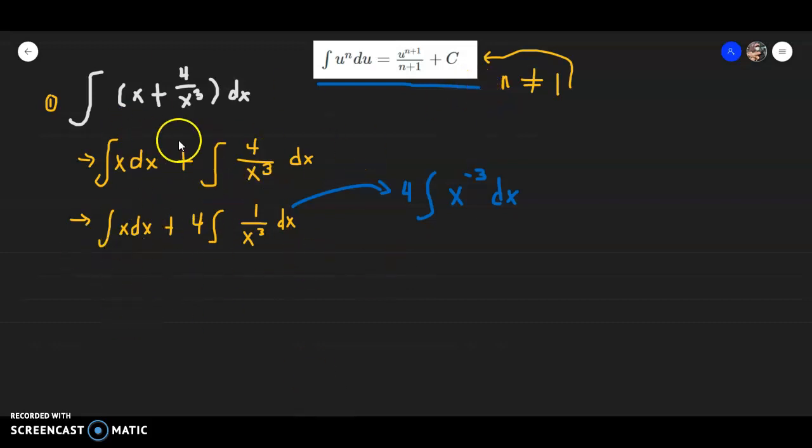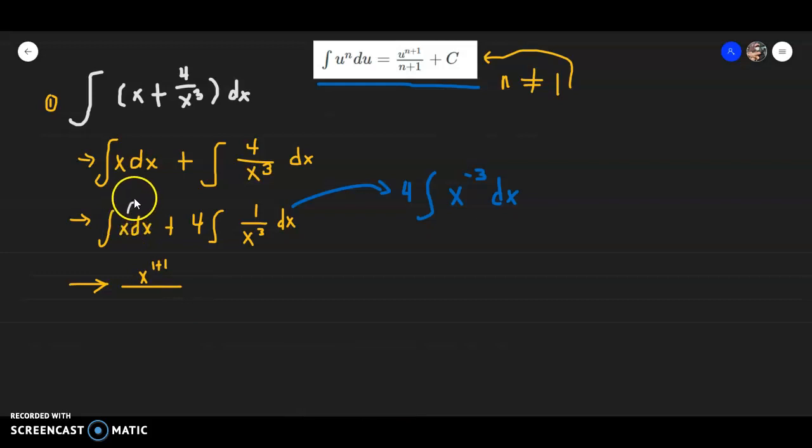So i-apply na natin siya sa unang term natin, which is yung antiderivative of x dx. So x, may invisible na 1 yan, raised to 1 plus 1 all over, yung n natin is 1 dito.